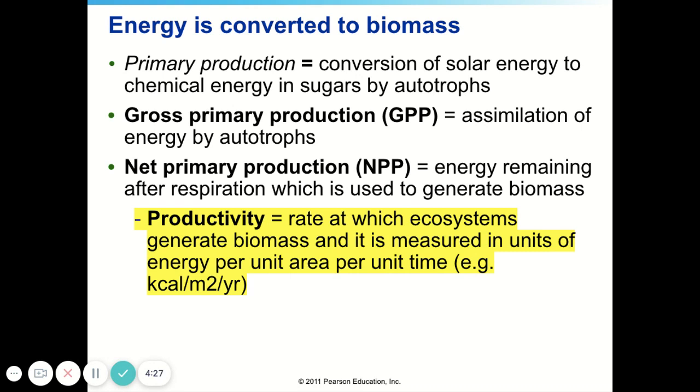We can compare ecosystems in terms of their biomass productivity. Make sure you add this definition of productivity to your Chapter 5 notes, so it focuses on how we measure productivity in units of energy, per units of area, per units of time, such as the example you see right here on the screen.